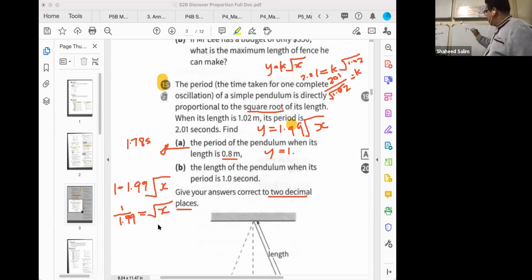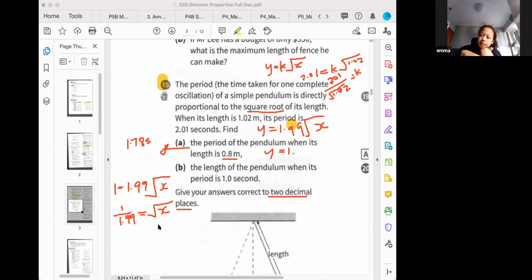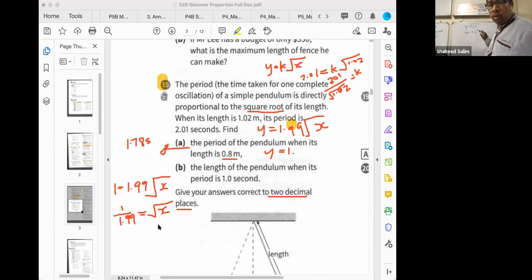Okay, so now you want to find K. They give you the value 2.01 equals K times this, which is 1.02. Are we okay? I'm starting from the very beginning, Emma.